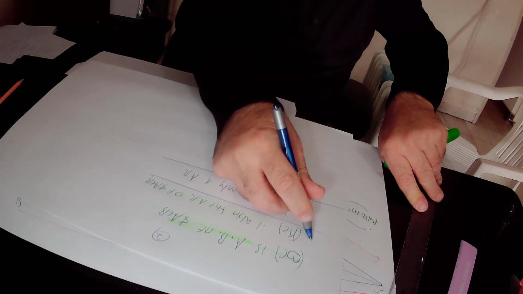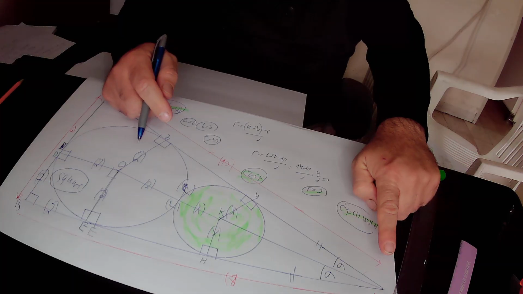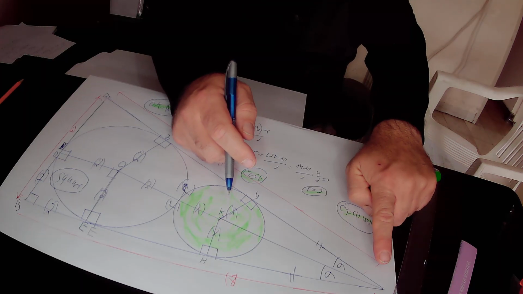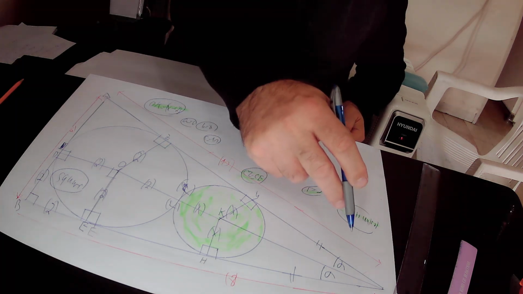So if OC is an angle bisector of angle ACB and KC is also the angle bisector of the same angle ACB, it means that those three points O, K and C must be located on one straight line.